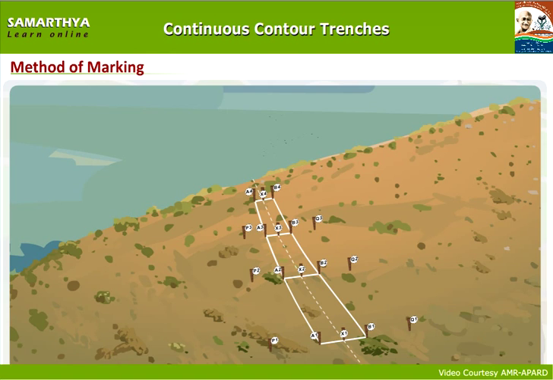From A4, measure 0.3 meters on bottom side and fix a wooden pole and mark it as P4. From B4, measure 0.3 meters on upper side and fix a wooden pole and mark it as Q4.